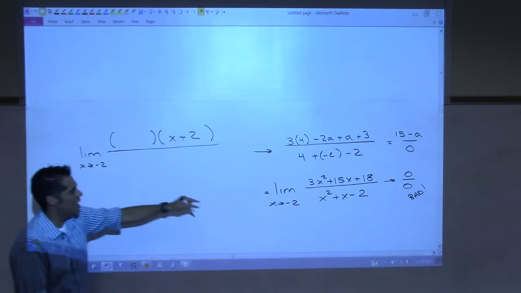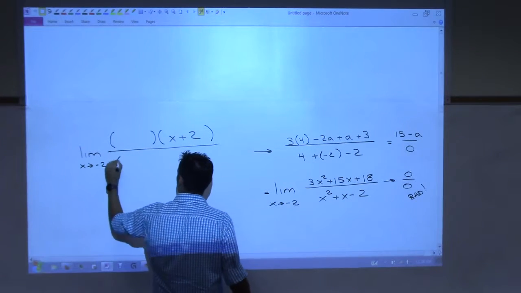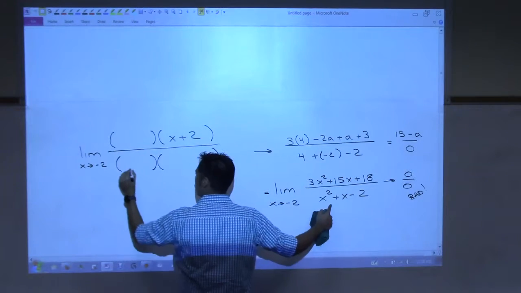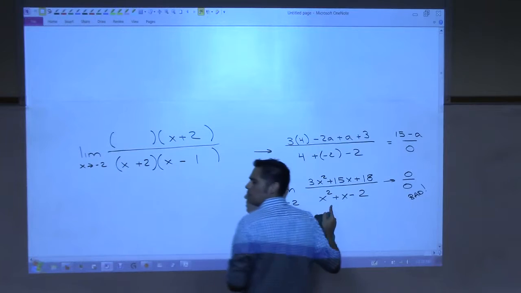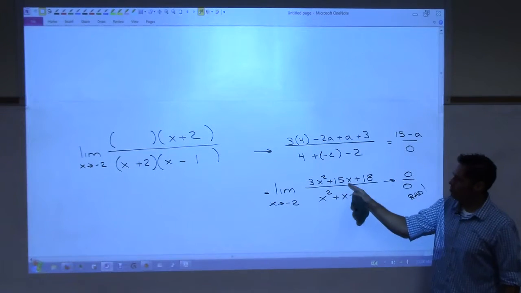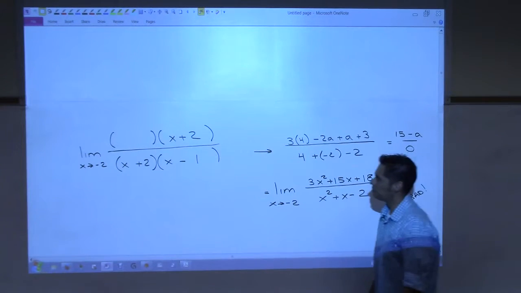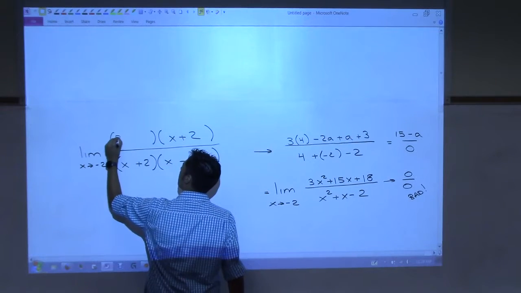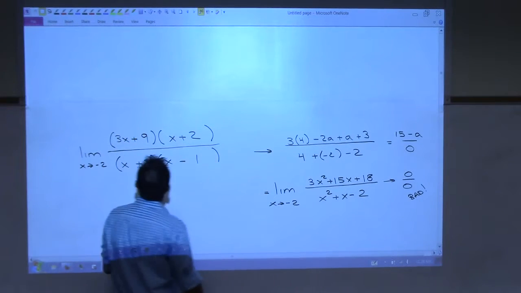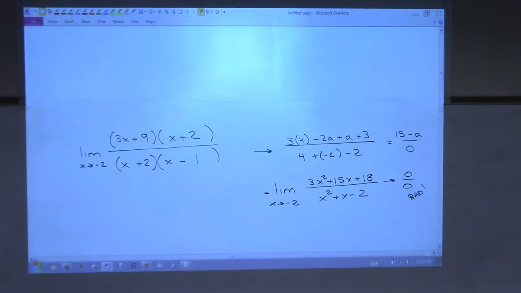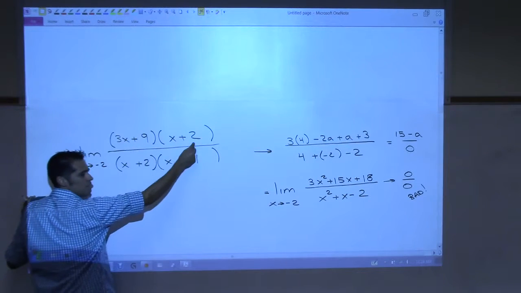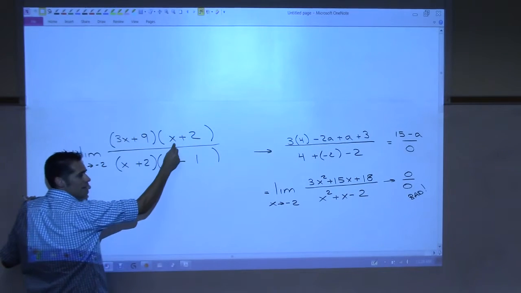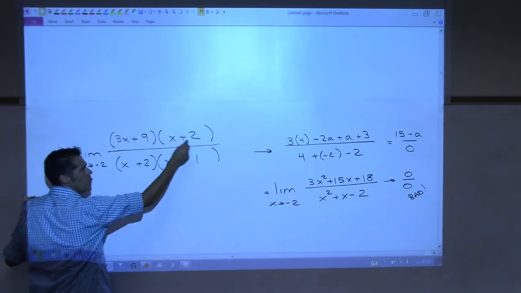But you should know how to factor this, all right? It might take you a minute, but let's see. The denominator should be x plus 2 times x minus 1. What's that factoring on top? Does that work? Yeah, that's it: 3x squared plus 6x plus 9x, which is 15x plus 18.